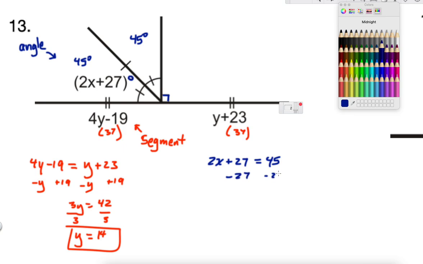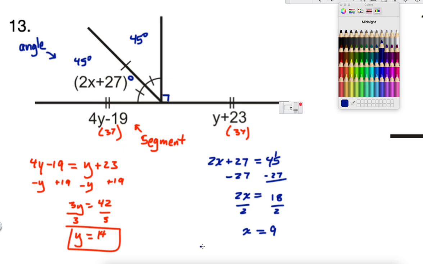And now we've got to solve for x. I'm going to subtract 27 from both sides. 2x equals 18, and then divide by 2. So we get x equals 9. If I substitute 9 back in here, I should get 45, right?